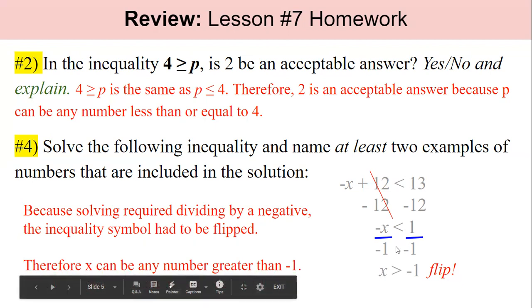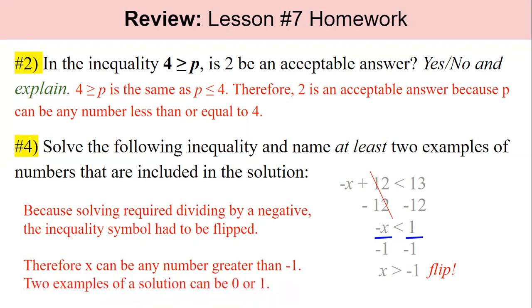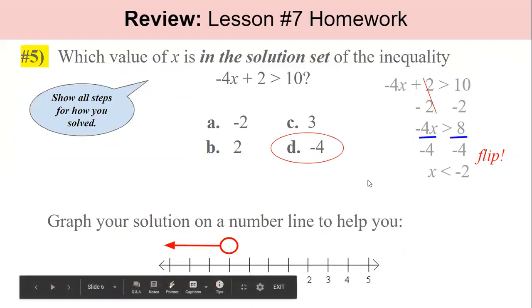So it flipped from less than to greater than. That means your final answer is x is greater than negative 1. This question asks to give at least 2 examples, right? Because solving required dividing by a negative, the inequality symbol had to be flipped, right? So x can be any number greater than negative 1. For 2 examples, you could have picked anything, right? But I picked the next 2, 0 and 1, because those numbers go up on the number line. They're greater, okay?